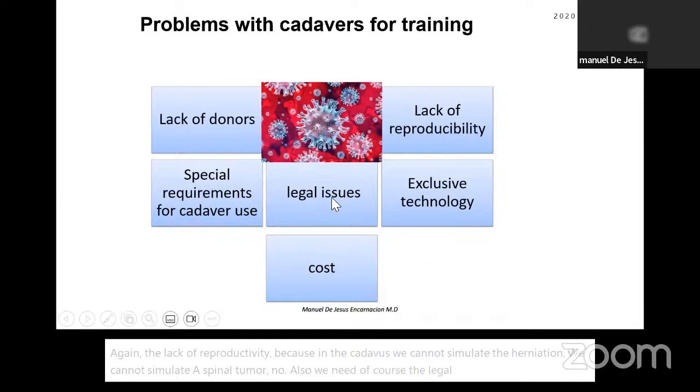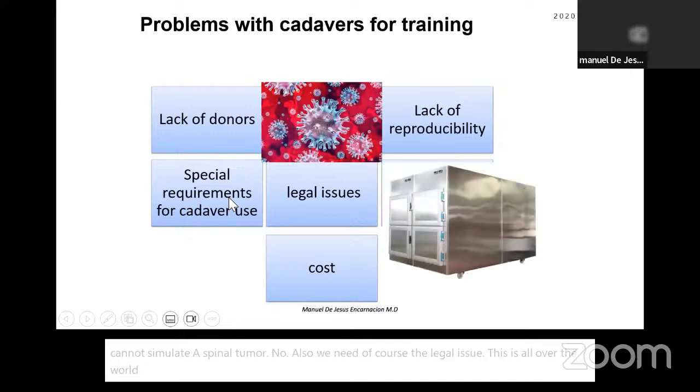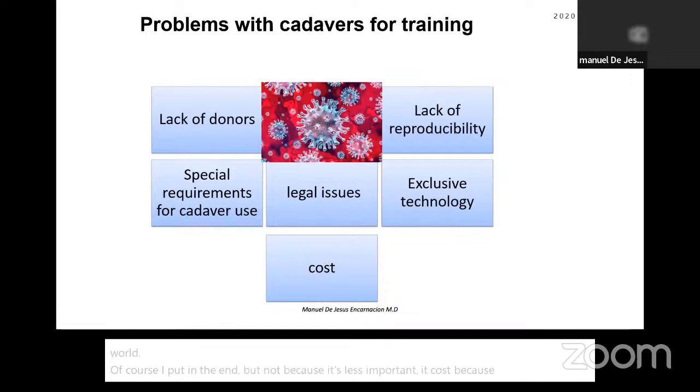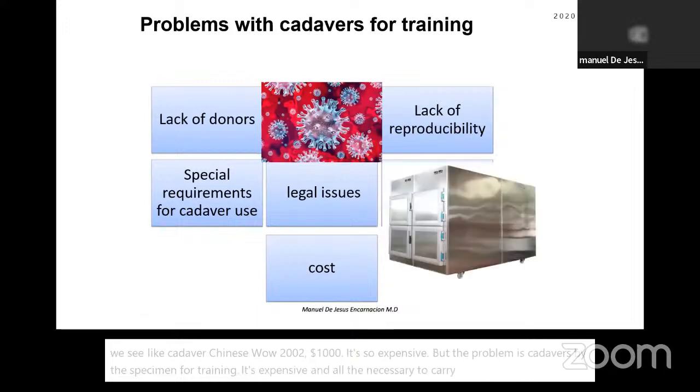This is all over the world. And of course, I put in the end, but not because it's less important, the cost. Because sometimes we see cadaver trainings, wow, $2,000, $3,000, it's so expensive. But the problem is cadavers, buying the specimen for training, it's expensive. And all the equipment necessary to carry on them, too.